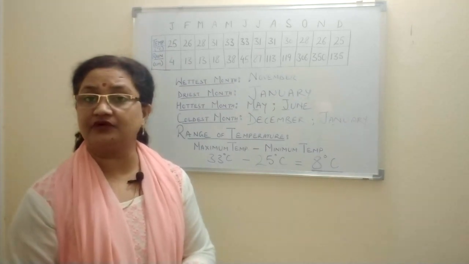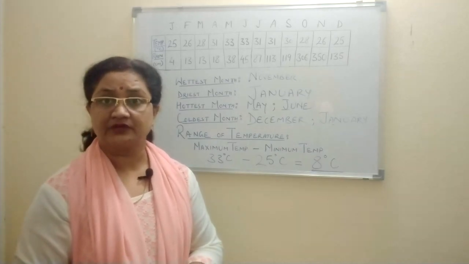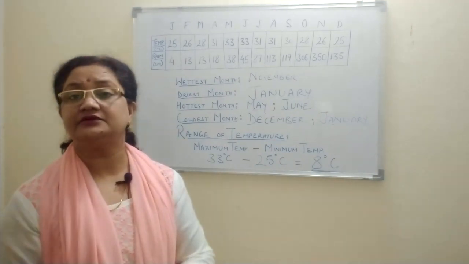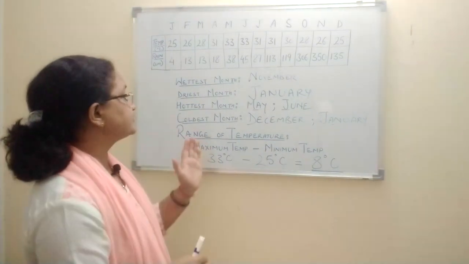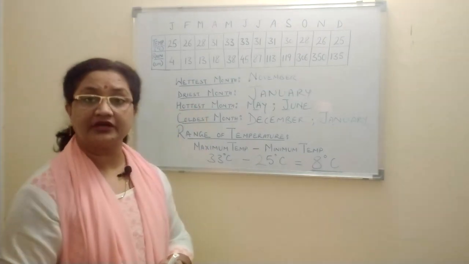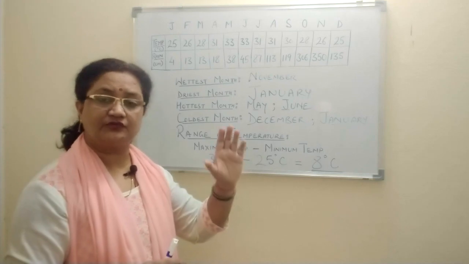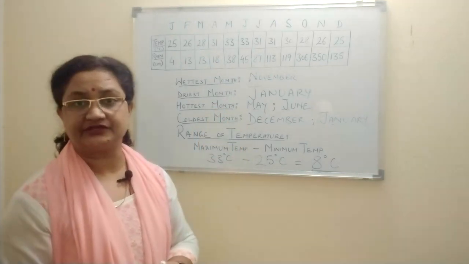What is the amount of rainfall during the driest month of the year? Clear? So that is going to be 4 centimeters, which is during January. Okay, same way it may come in the case of the hottest and coldest month. Now this is one type of question which comes related to the climatic data.